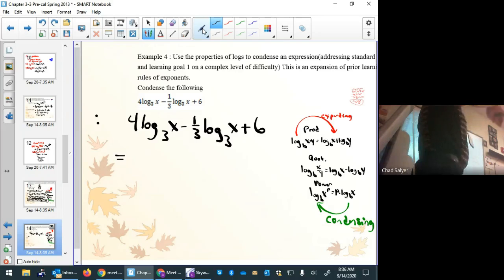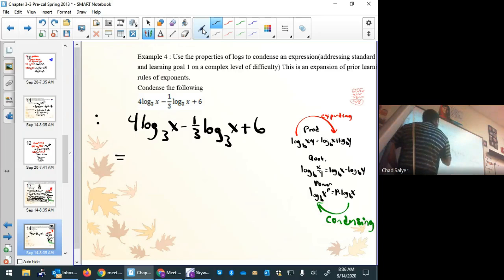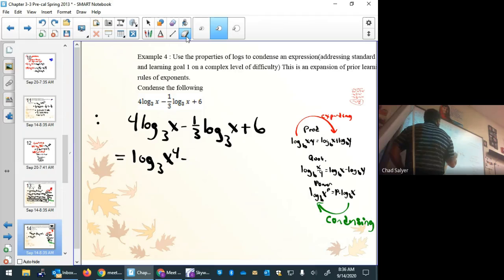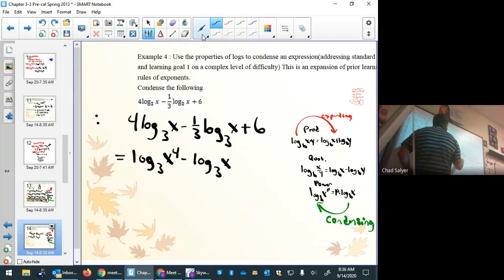So we'll go in the reverse order of last time. We'll start down here with the power property. And remember, we're going this way, so we're bringing these coefficients in. So this is log base 3 of x to the 4th minus, I'll just do these two at once, log base 3 of x to the 1/3. And then we'll leave 6 alone for a moment.